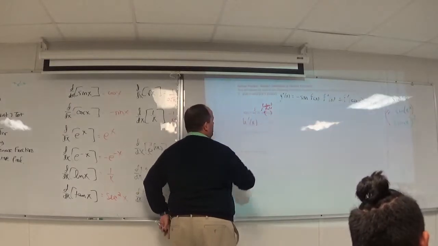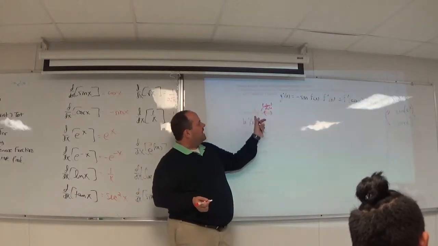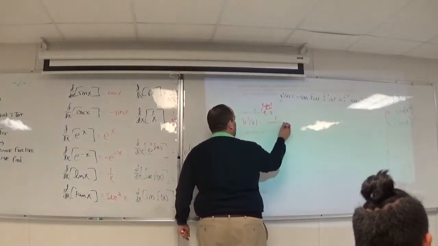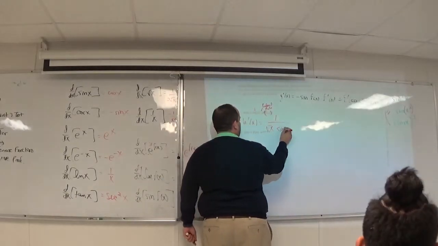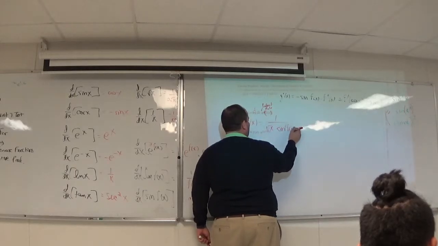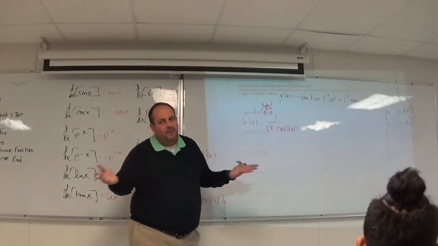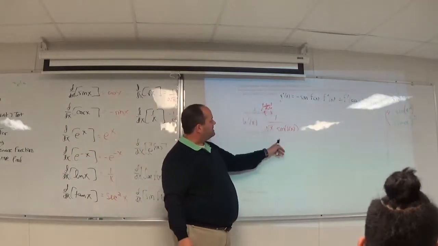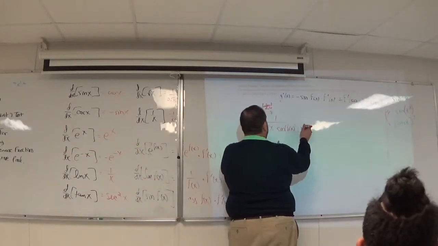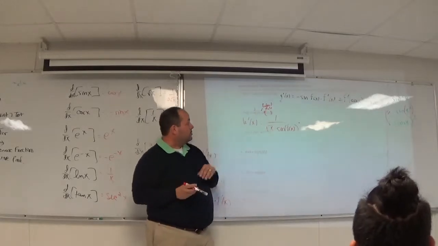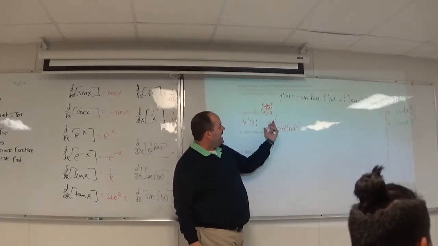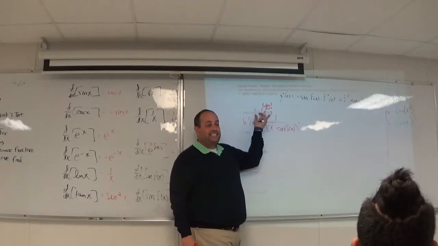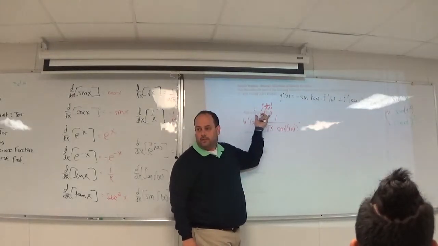H prime. Derivative of natural log of stuff is 1 over stuff. And I gotta tell you, already, you're in my heart. You're possibly earning some points. I don't think any of us should be doing the chain rule and trying to tackle the product rule at the same time.